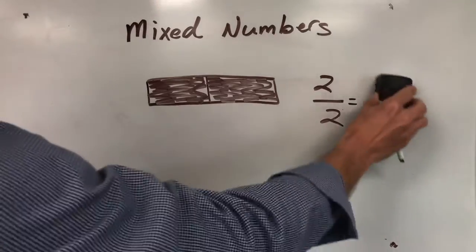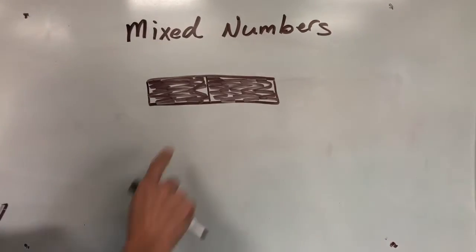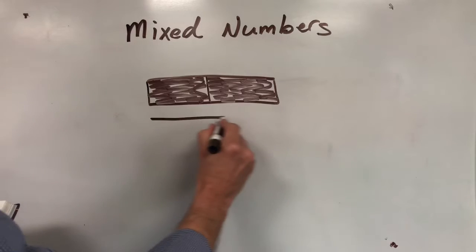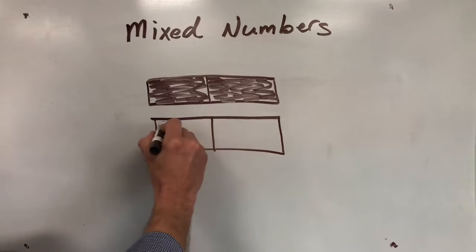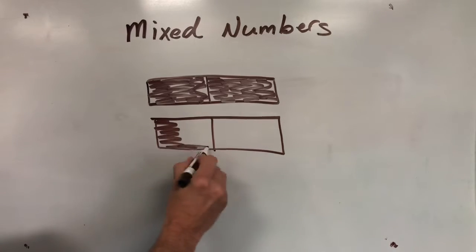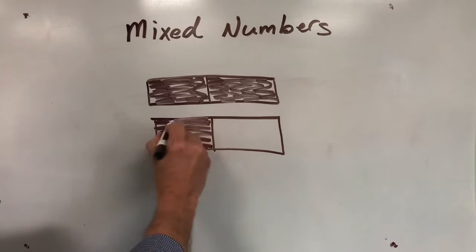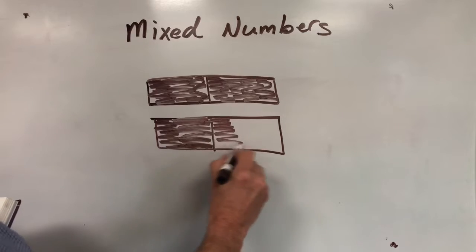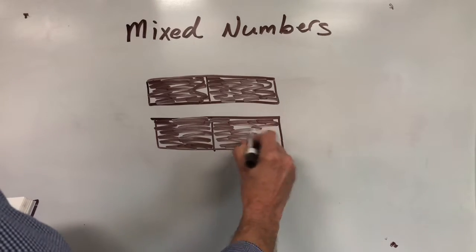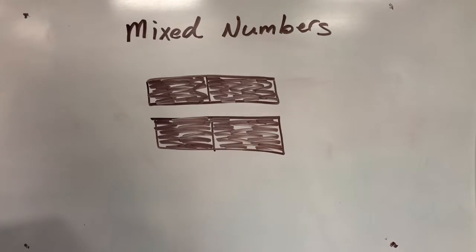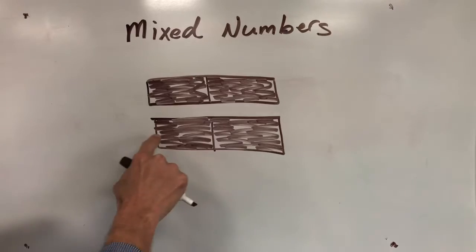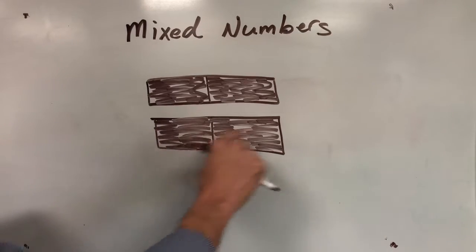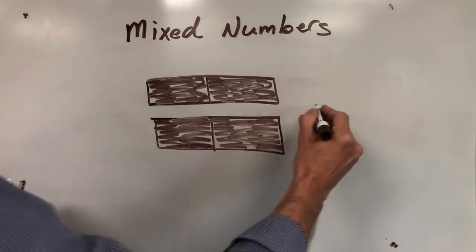Or we may have something like this, where we have 2 of those parts shaded with another strip, with those parts shaded. So in this unit, there are 2 parts, and in this unit, there are also 2 parts.